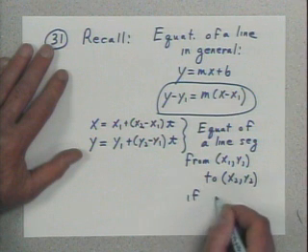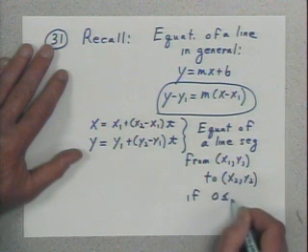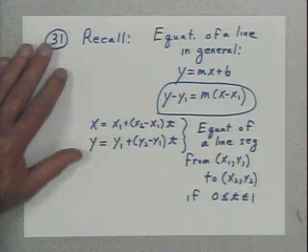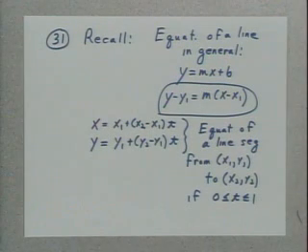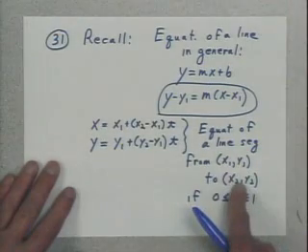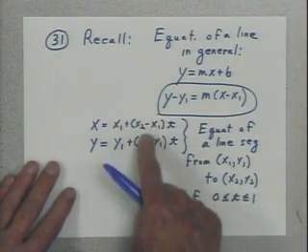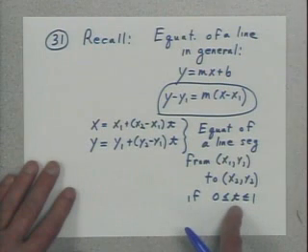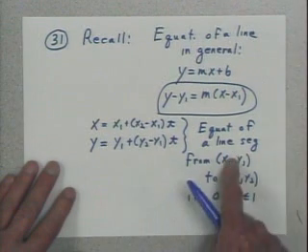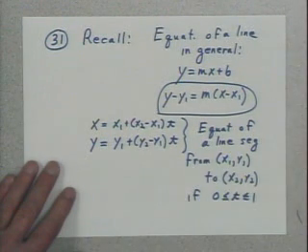And that works, they said, if you keep t between 0 and 1. So they're saying if you wanted just to draw the line segment with these endpoints, you can use these two equations and set your t from 0 to 1, and it'll start here and stop there every time.